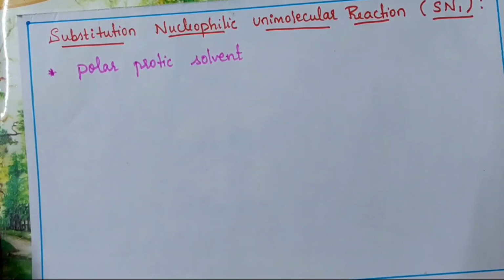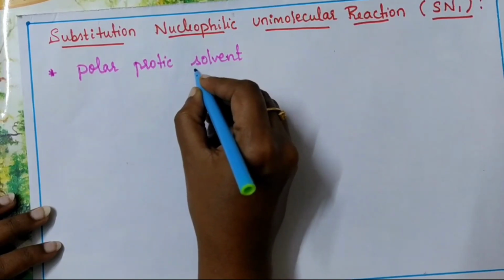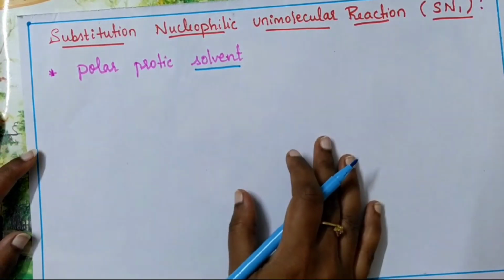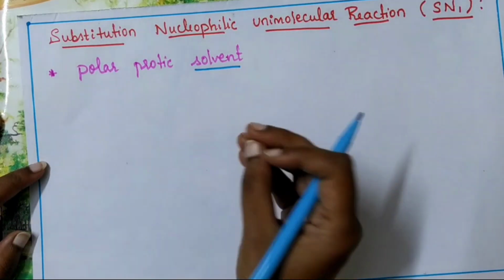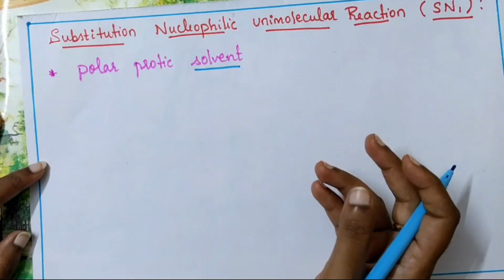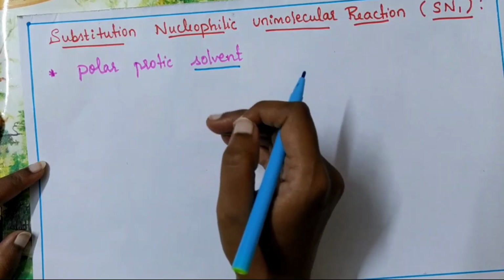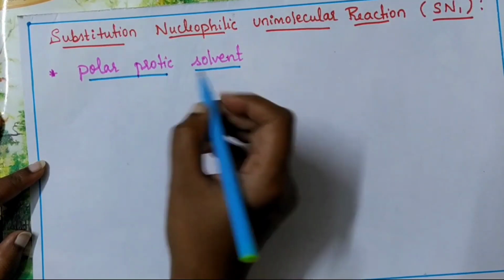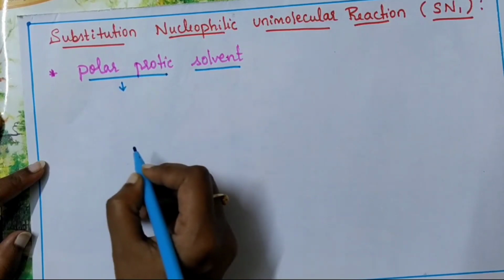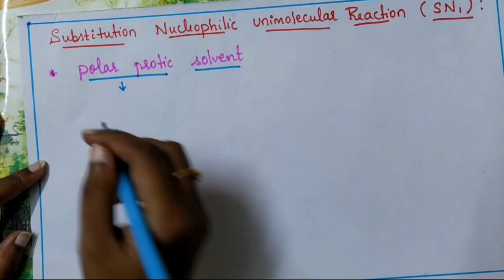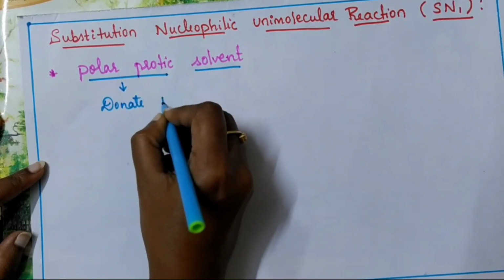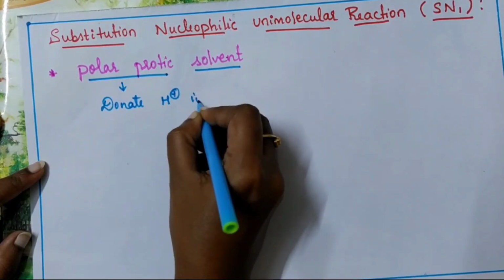So now let us see what this polar protic solvent is. You guys know the meaning of solvent, which is going to dissolve any solute in it. And this solvent is nothing but a chemical compound. What kind of solvent is it? It is polar protic. Polar protic in the sense any solvent which can donate H plus ion.